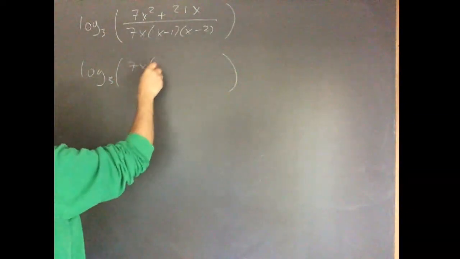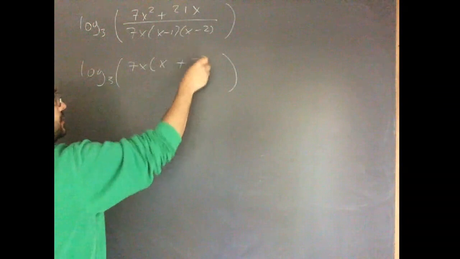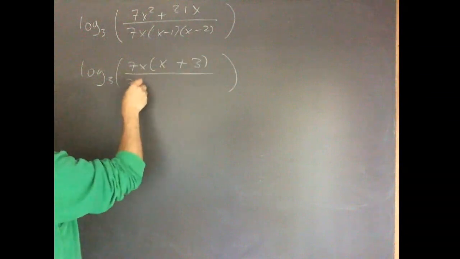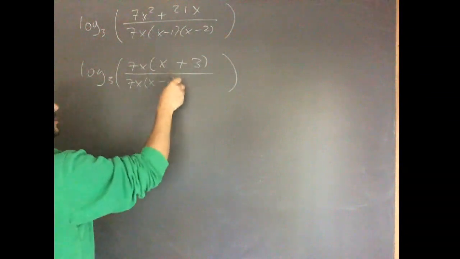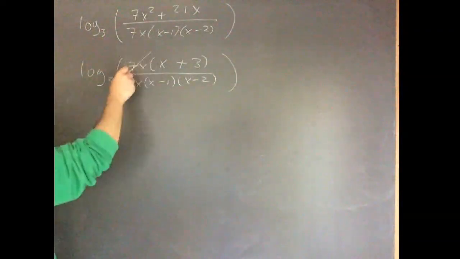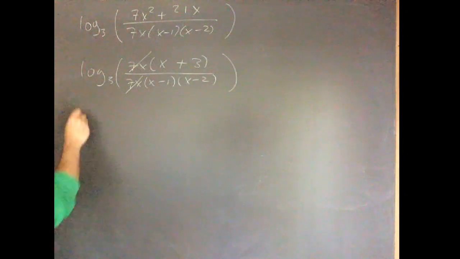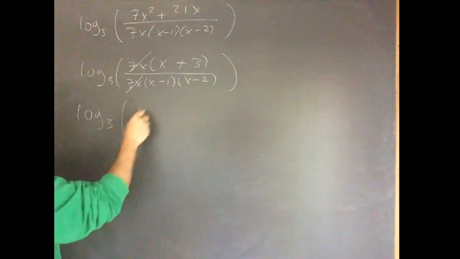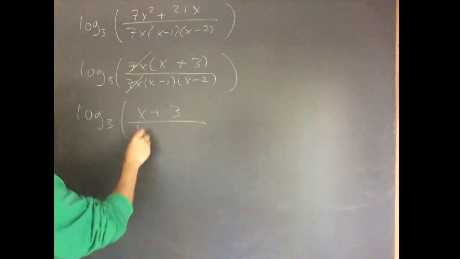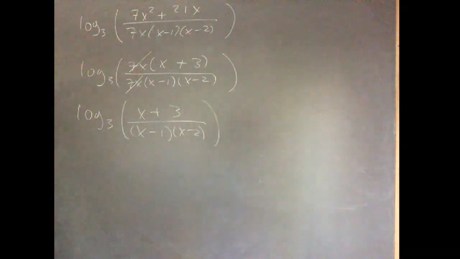So here we have a 7x on the top, and we'll be left with an x plus 3 on the top, and then a 7x times x minus 1 times x minus 2. And here we can cancel the 7x right away. And we end up with x plus 3 over x minus 1 times x minus 2.